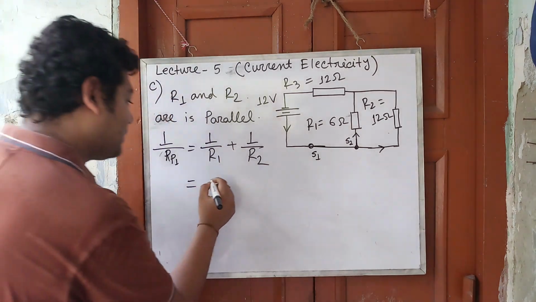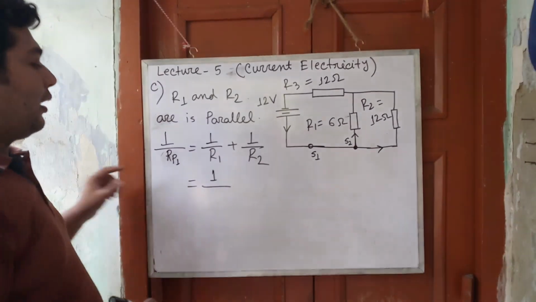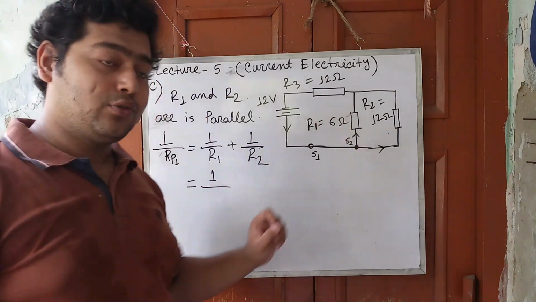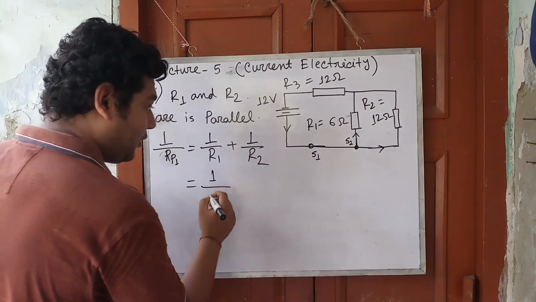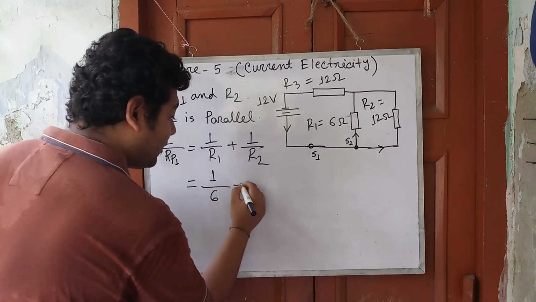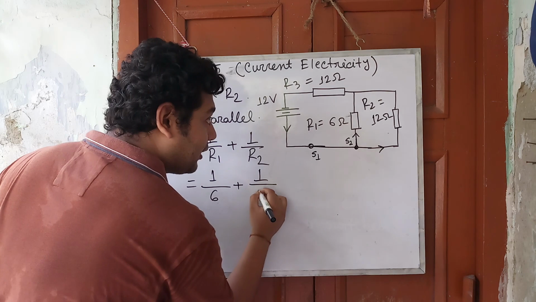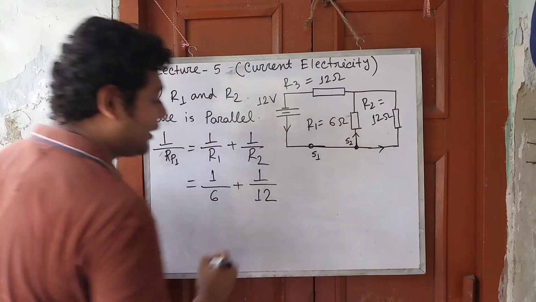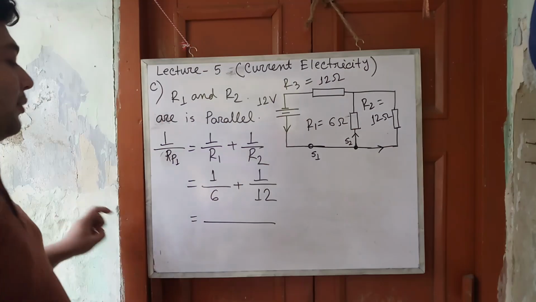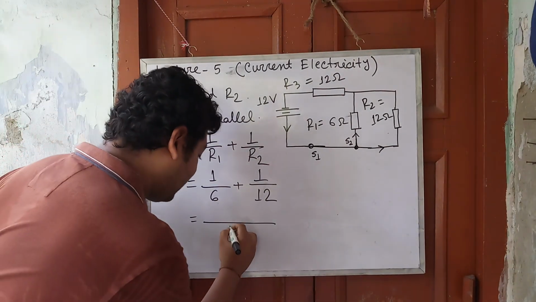Again, the resistance R1 is 6 ohm and the resistance R2 is 12 ohm. So we can write 1 by 6 plus 1 by 12. Get the LCM; the LCM will be 12.